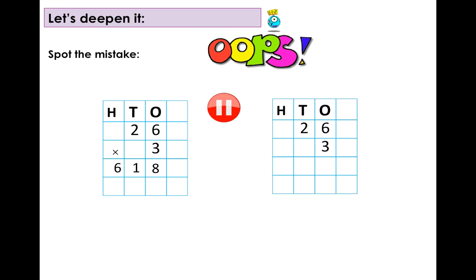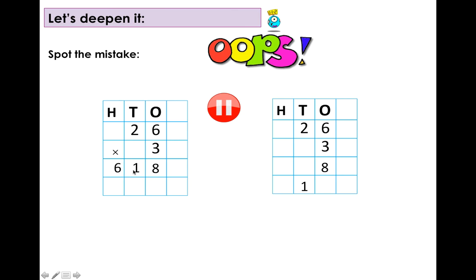Now, what did you spot there? Well, if we do the calculation, we can see that 6 ones times 3 ones should give us 18 ones. Now, we know we can't have 18 in the ones column. We have to regroup 10 ones for a 10, don't we? This person here has just written the 8 ones and then the 1 10 in the tens column. And then they've done 2 tens times 3 is 6 and written it there.